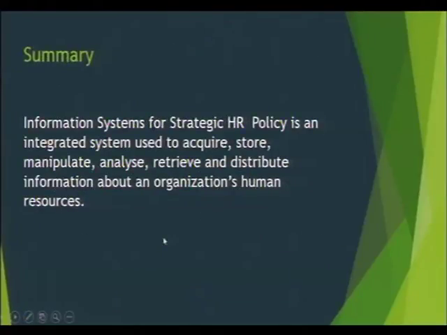So in summary, this course has helped us to realize that information systems for strategic HR policy is an integrated system used to acquire, store, manipulate, analyze, retrieve, and distribute information about an organization's human resources.